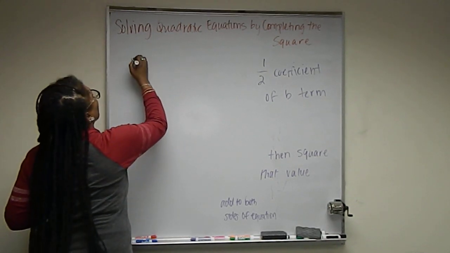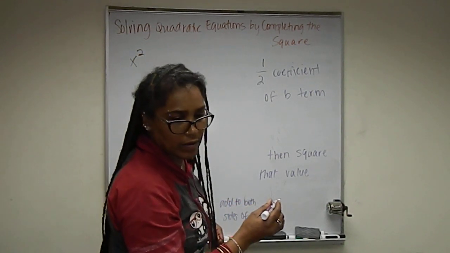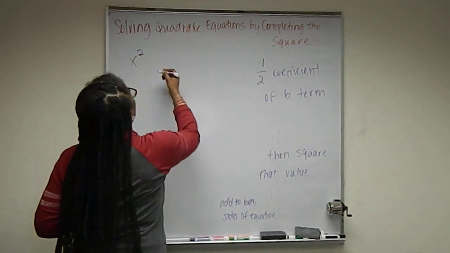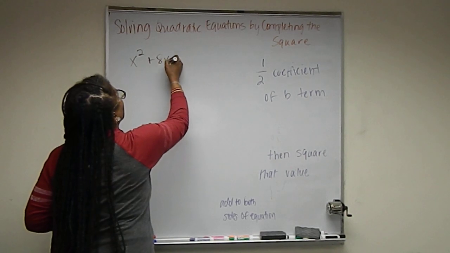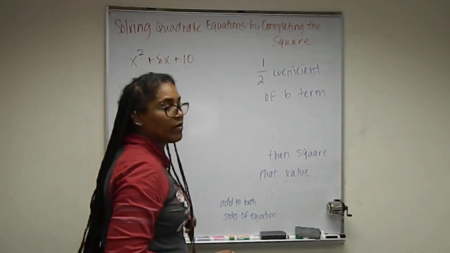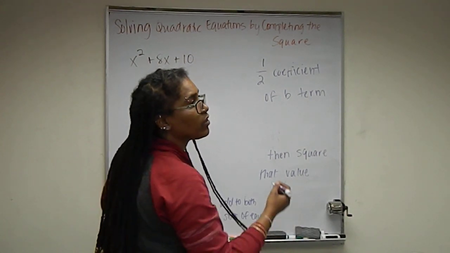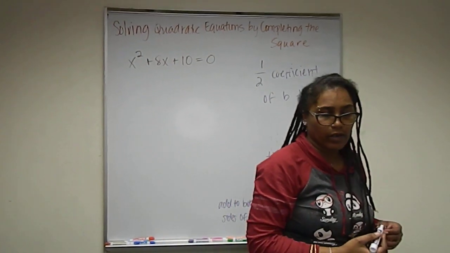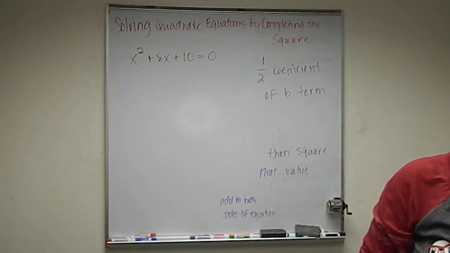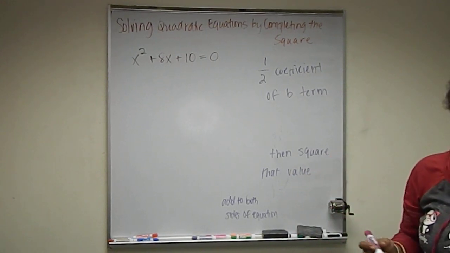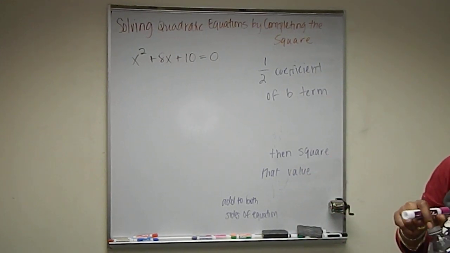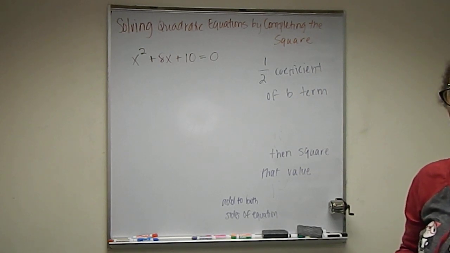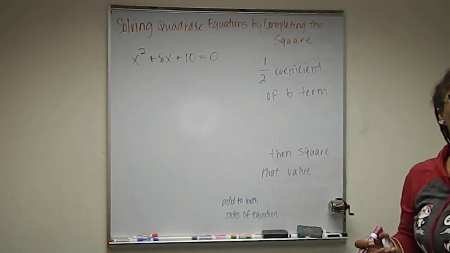We've got x squared plus 8x plus 10, and we have that equaling 0. And so right now our directions are to solve the quadratic equation by completing the square when the coefficient of our a term is 1.